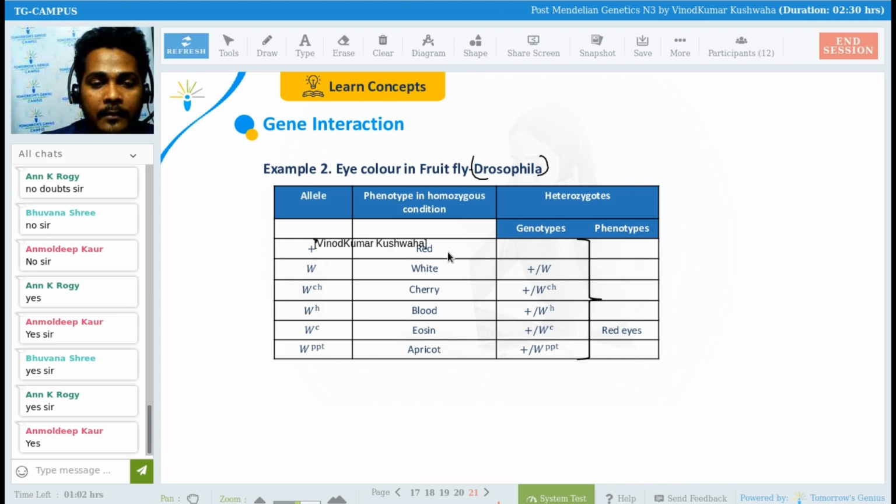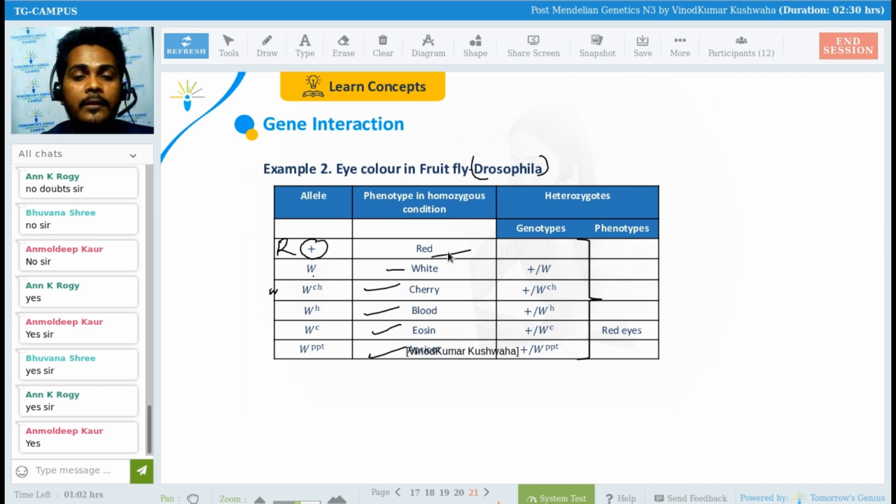So here you can see the plus allele, which is red, w that is white, and w with cherry, then blood, then eosine, then apricot. This is what the different phenotypic conditions of the Drosophila eyes.